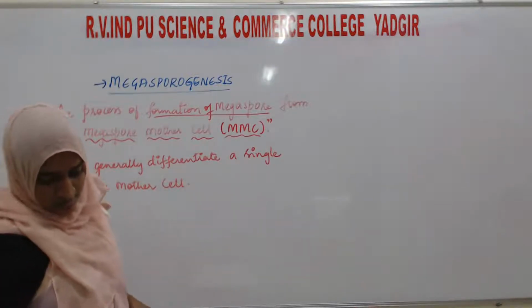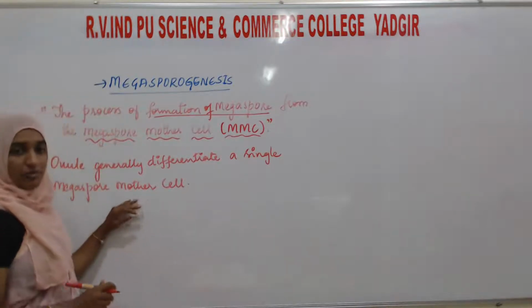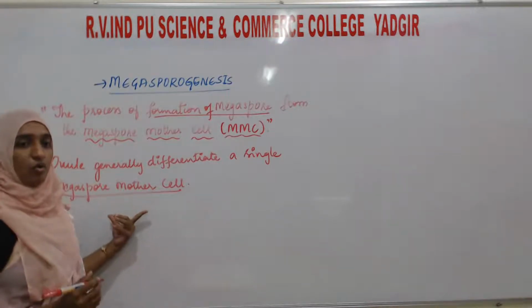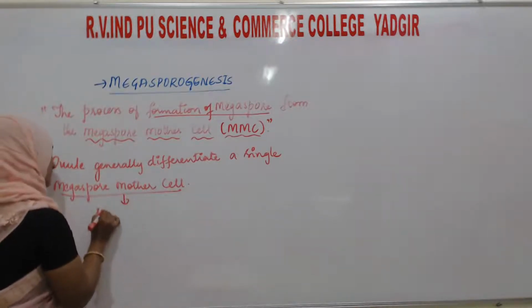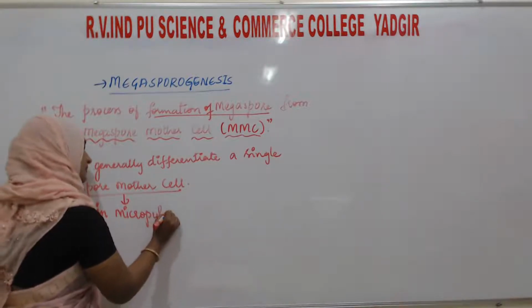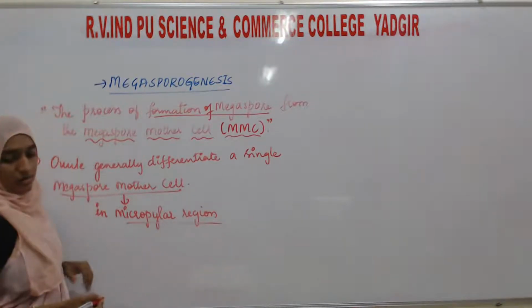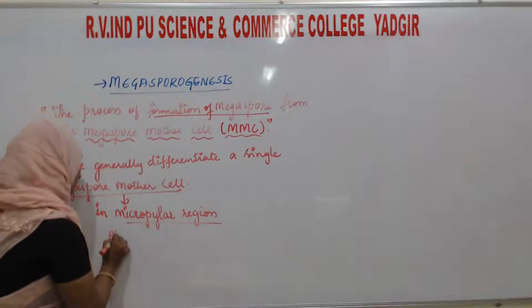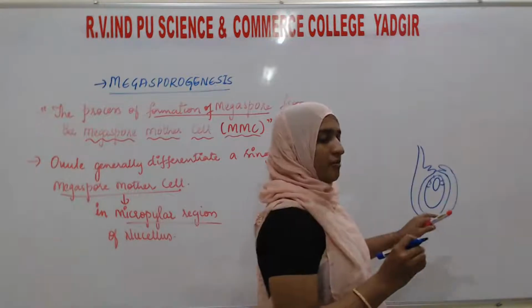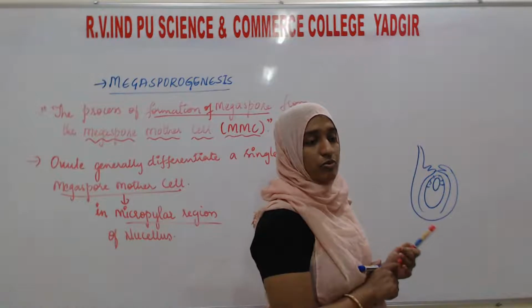In which region is the megaspore mother cell going to differentiate in the ovule? In the micropylar region of the nucleus. That cell we can consider as the megaspore mother cell.